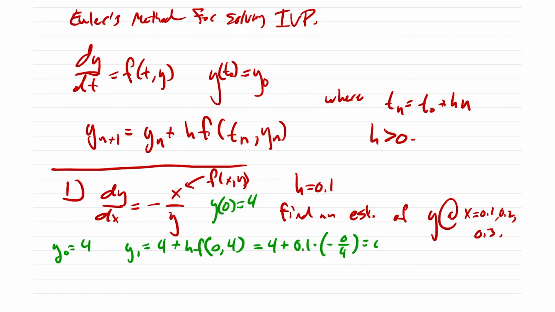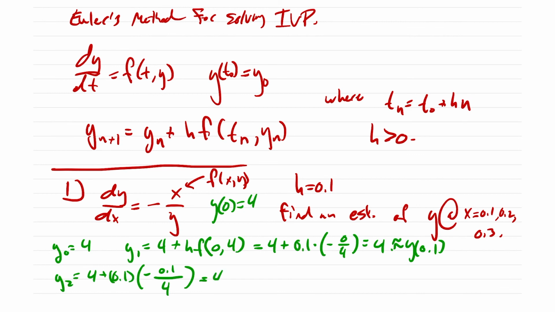And so it's just 4, because that second term is 0. So this should be roughly y of 0.1. y_2 then is going to be 4 plus 0.1, that's our h, times negative, now our new x is 0.1, because that's where this guy is. And then we put 4 here.